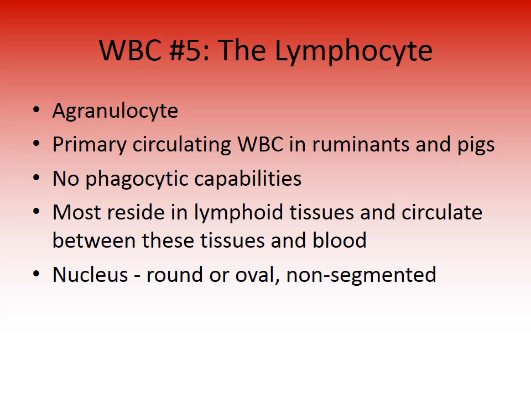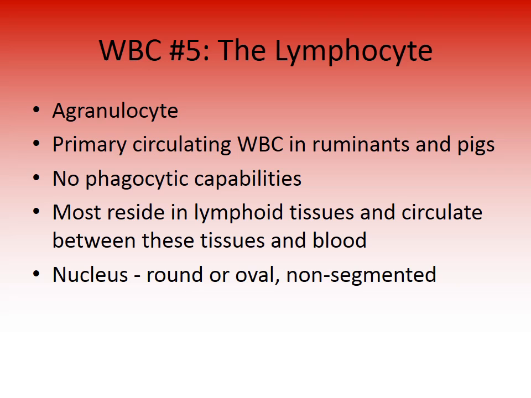In your monogastrics, dogs, cats and humans, I would probably say similar to the monocyte, which makes up, I do believe the monocyte was, what was it, like 5%, 0 to 5? Maybe, or was that the eosinophil?